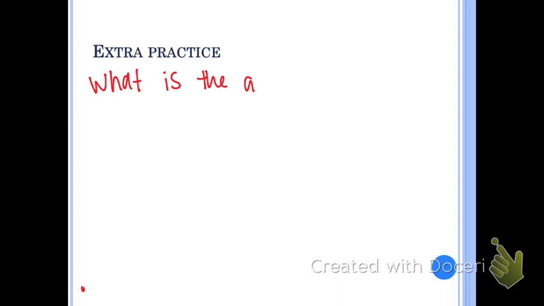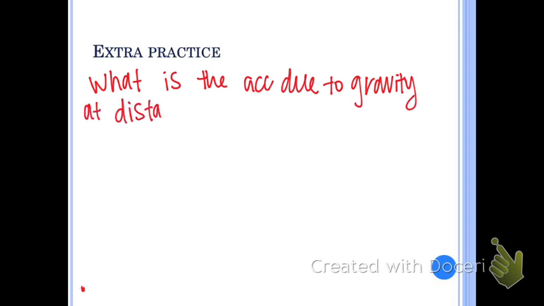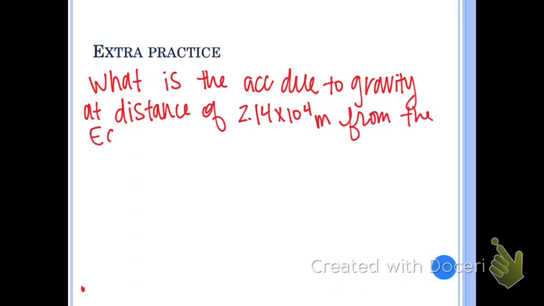what is the acceleration due to gravity at a distance of 2.14 times 10 to the fourth meters from the Earth?